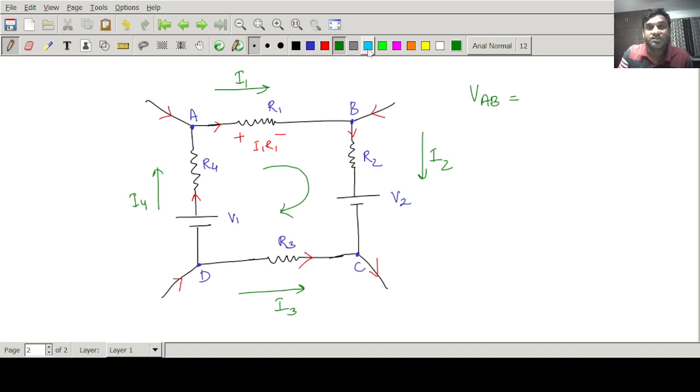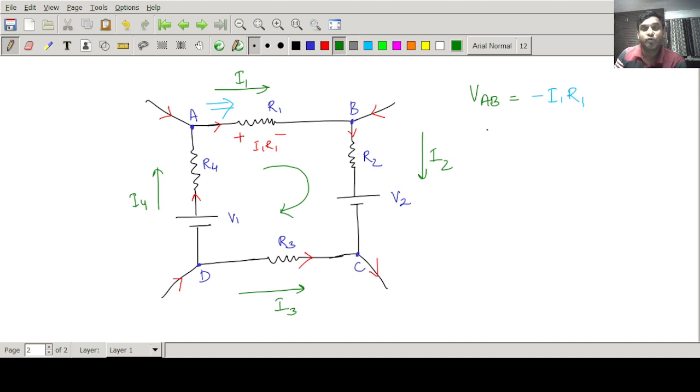In this branch AB, my motion is from A to B. This blue line shows the motion. When I am going from A to B, I am going from plus to minus, so we are losing something. So the voltage will be minus I1 into R1.